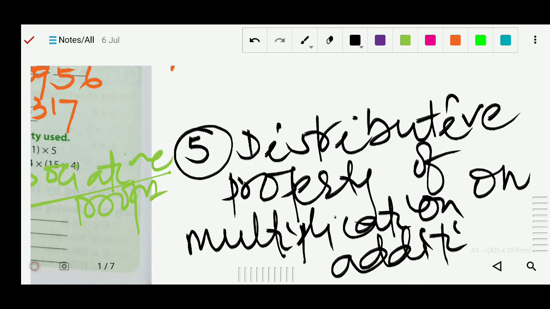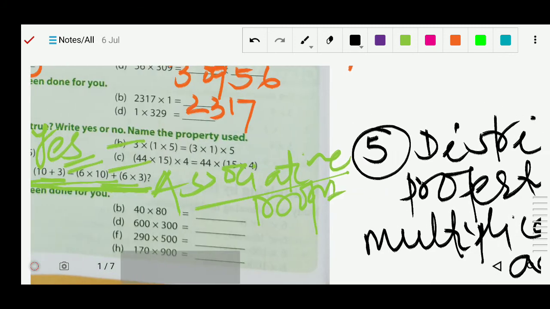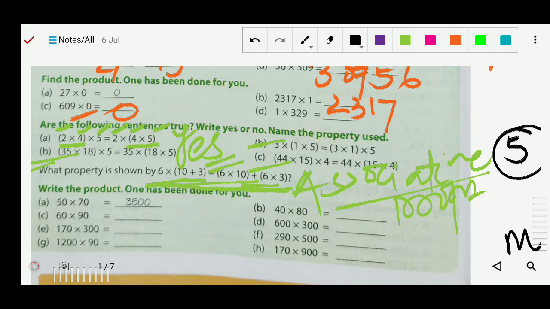Okay, so this is the answer. We can see that there is the distributive property, but it is over the addition.